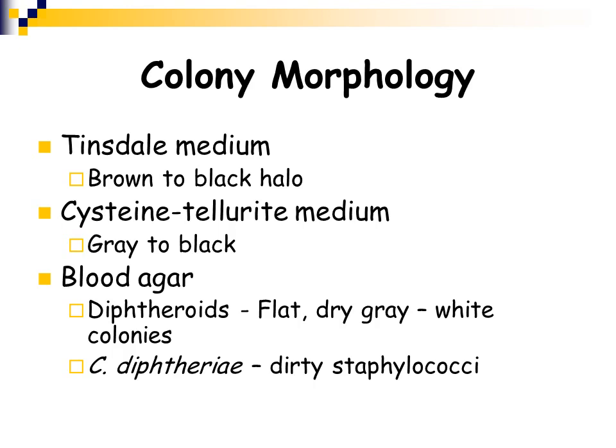On cysteine tellurite medium, the organism is a gray to blackish color. On blood agar, your diphtheroids are flat, dry, grayish white colonies, and your Corynebacterium diphtheriae on blood agar tends to look like a dirty staphylococcus.